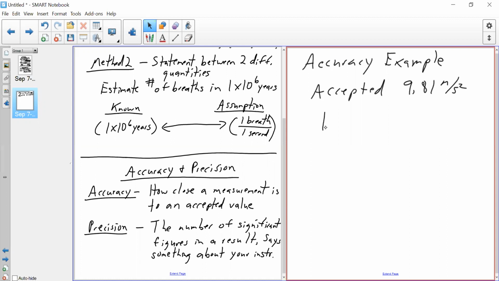Let's say that student group 1 gets 7.89 and group 2 gets 8.96. Well, it's student group 2 that's more accurate because it's the closest. And they have the same amount of precision, the same sig figs.